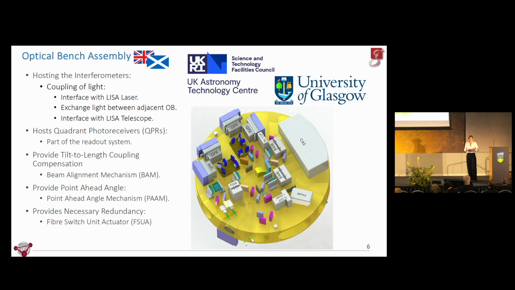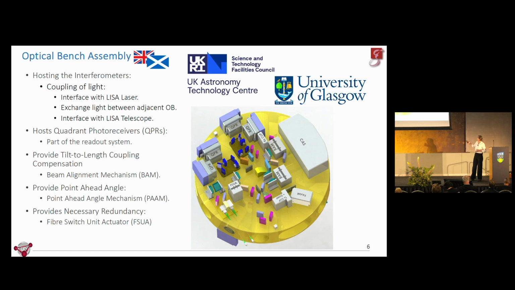It hosts the quadrant photoreceivers, which is the first part of the readout system. It provides the tilt-link coupling compensation by, on one hand, the optical systems like imaging system in front of QPRs, as well as beam alignment mechanism compensation. It provides the point-ahead angle via hosting the point-ahead angle mechanism.